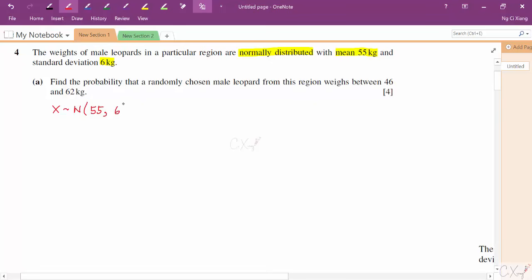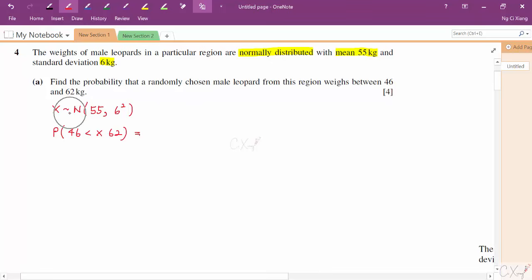where the mean is 55 and the standard deviation is 6. When you want to write the symbol, the second parameter should be the variance, so we should write 6 squared. They want us to calculate the probability that the male leopard's weight is between 46 and 62, so the value of x should be between 46 and 62.